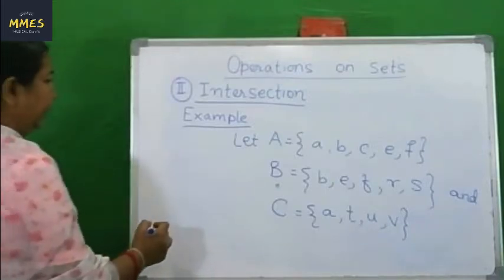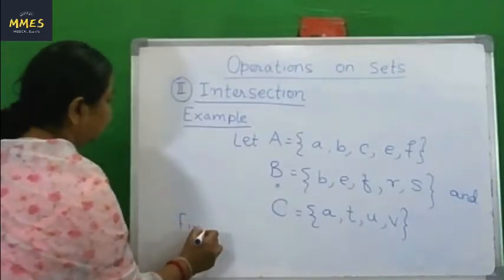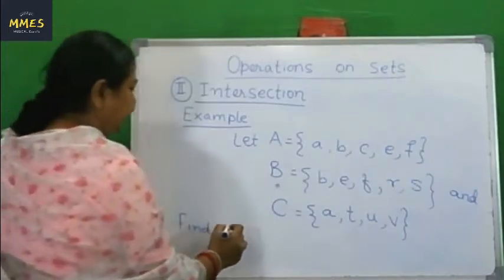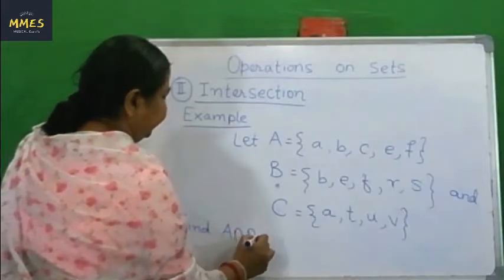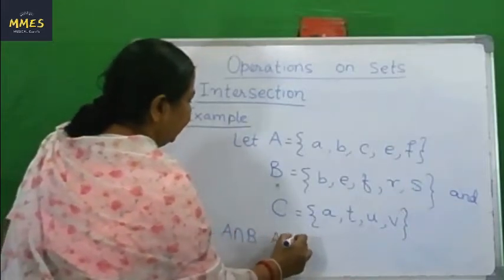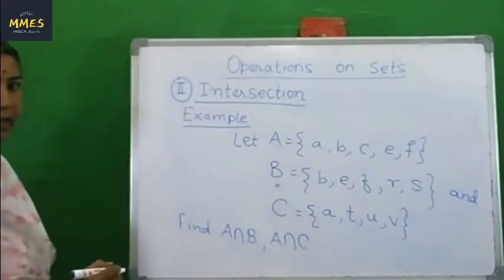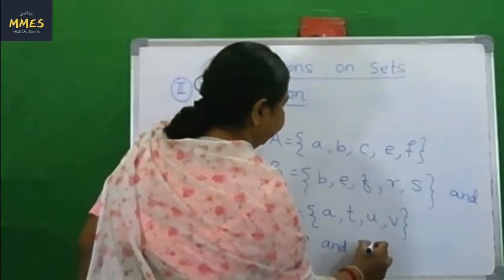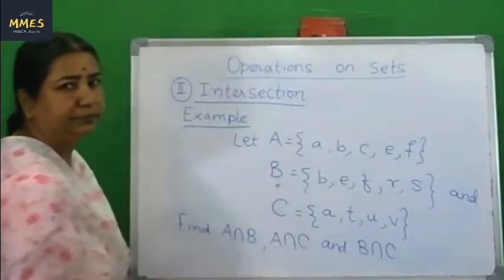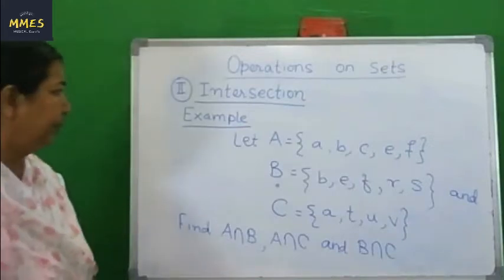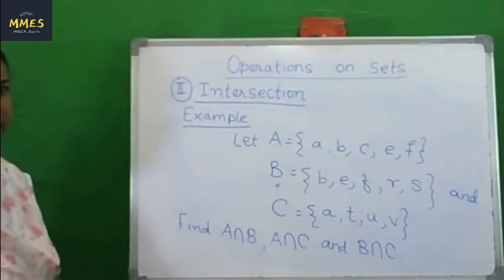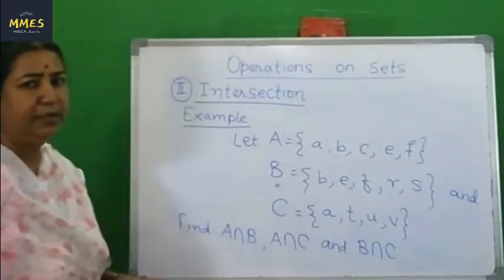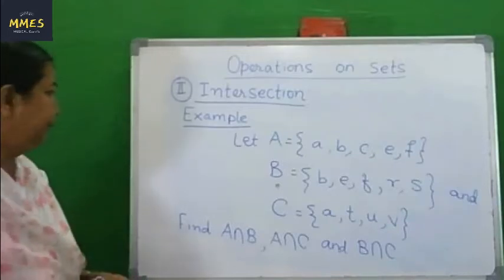Then you have to find, suppose, A intersection B, A intersection C and B intersection C. Now suppose we find A intersection B. So we have only three elements common, b, e and f.